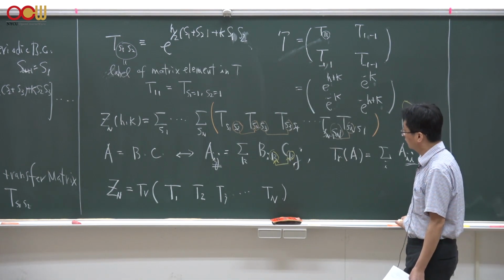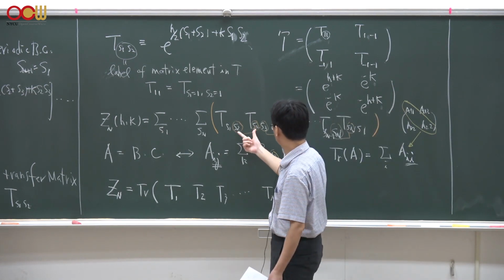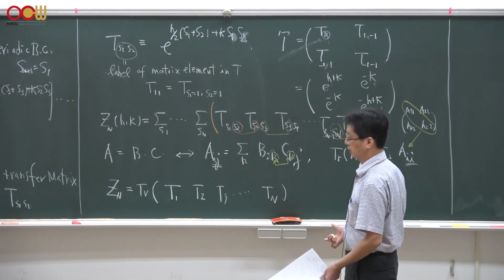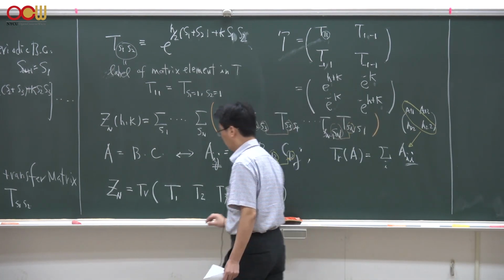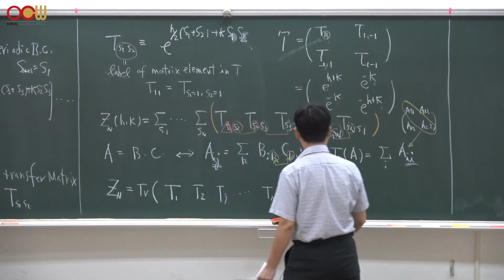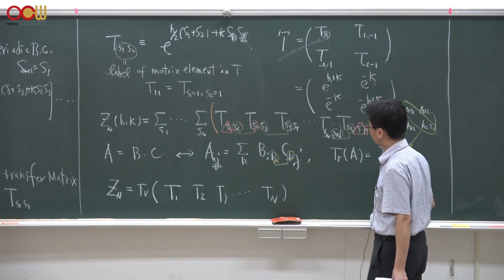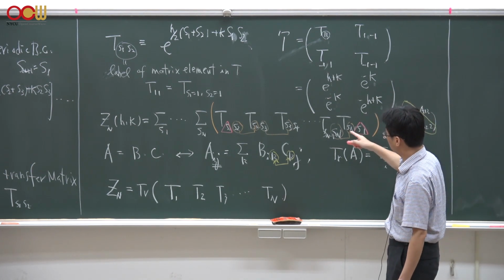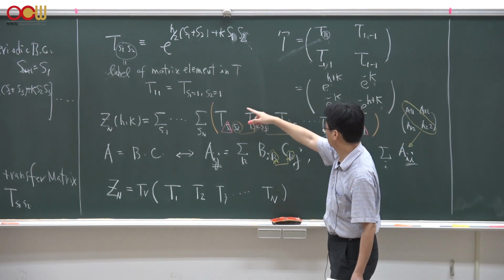After we sum over all those intermediate dummy variables, effectively we take the matrix product. And you notice that the very first index, s1, is the same as the very last index, s1. So effectively, this is the trace of the matrix product.